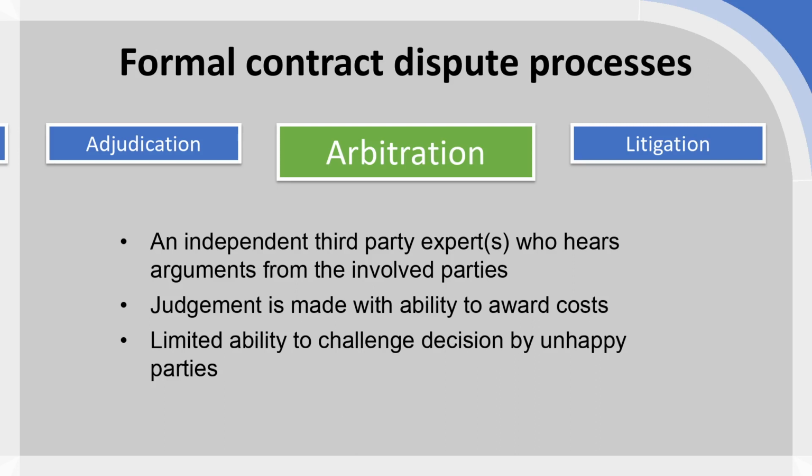This is increasingly becoming common in consumer contracts, so in sale contracts between businesses and consumers, that in the light of a dispute, the consumer has already agreed when they agreed to the contract to go forward and have the dispute heard and a binding judgment passed by an arbitrator, rather than directly suing the business involved or going straight to litigation.